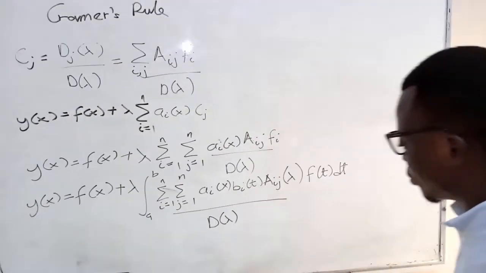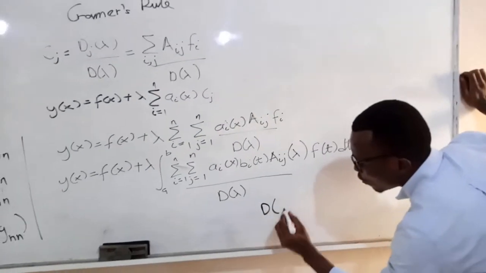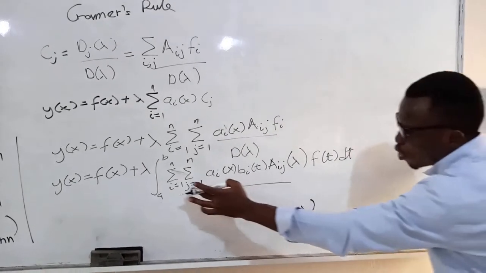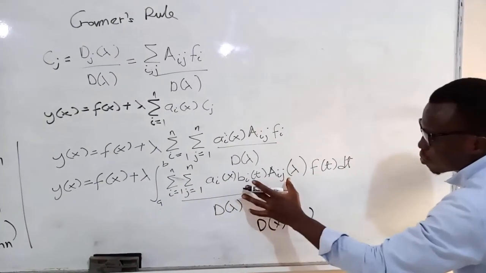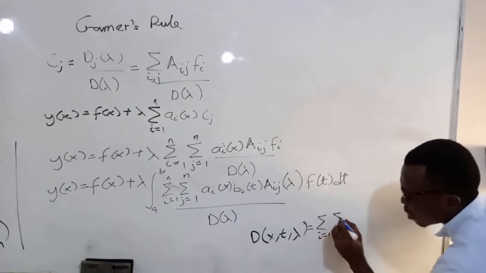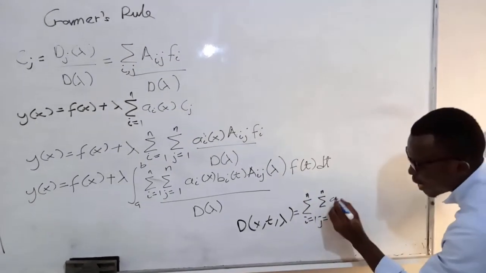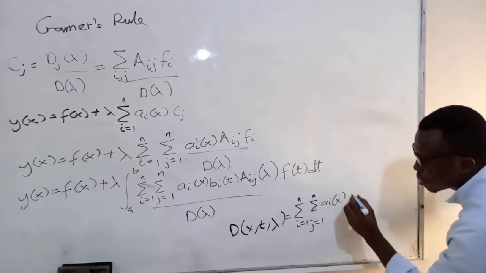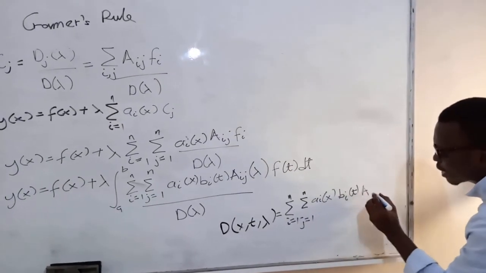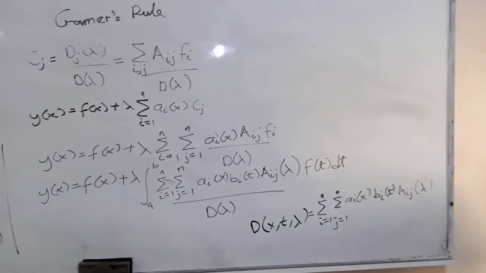Now let d of s, t, lambda be equal to the whole of this: summation of i equal to 1, summation of j equal to 1 to n, ai of s, then bi of t, then aij of lambda.